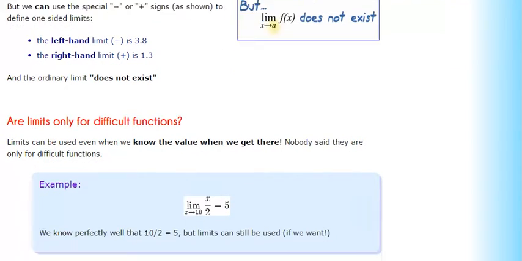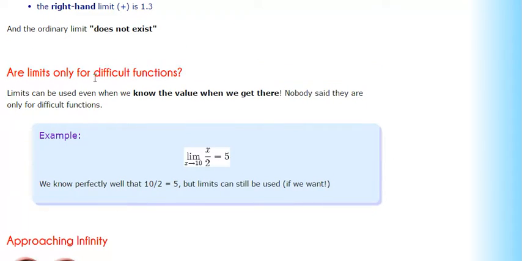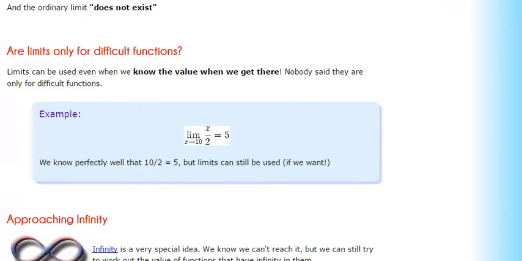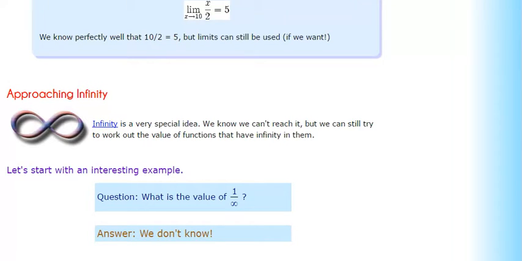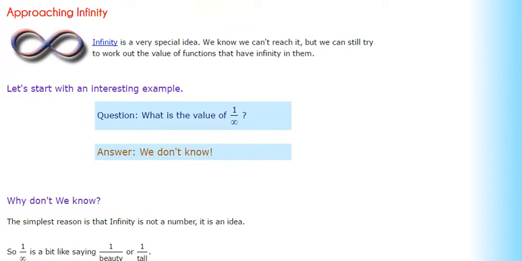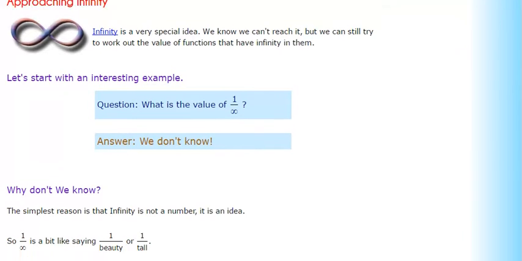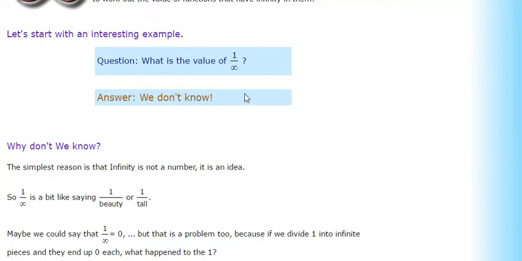So are limits only for difficult functions? The answer depends on your application. It can be applied to smaller as well as bigger functions. You can get the documentation for infinity. This is the symbol we are using. It means indeterminate. 1 by infinity is always 0, which you should remember for doing problems.